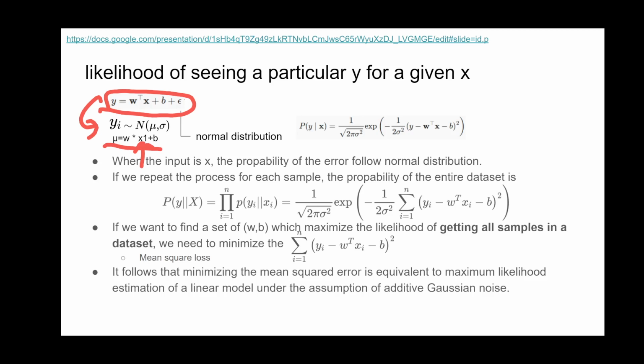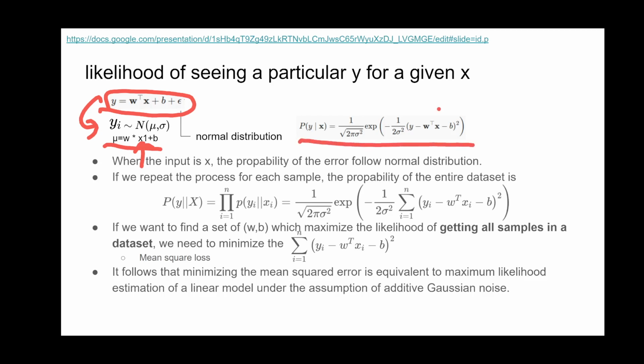From the definition of the normal distribution, we know that the linear function decides the maximum probability for the result, but we still have some probability of getting a value slightly different from the mean value. The actual formula is the normal distribution here.